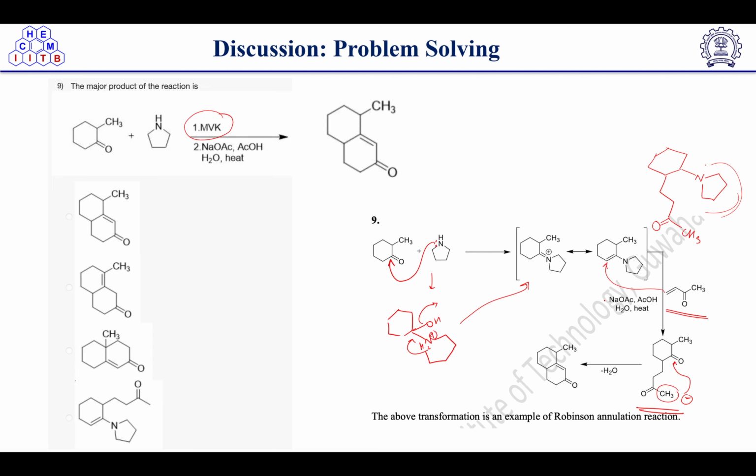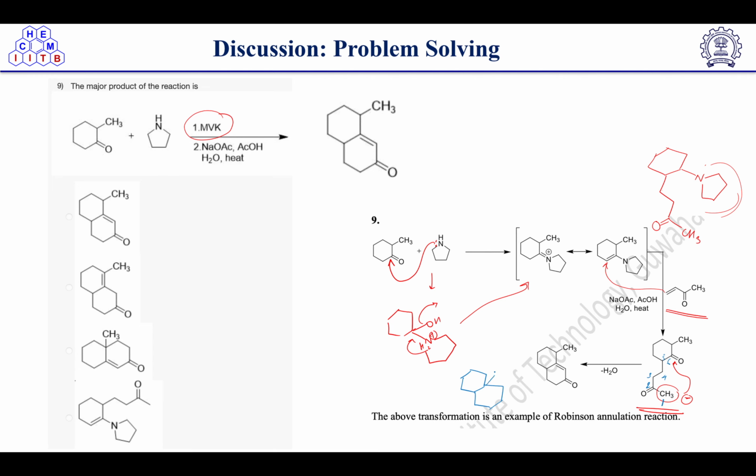Okay, so if we're talking about the ring size, one, two, three, 4, 5, 6 member ring formation will take place. So it will form a ring which will look like this one. So I'll give the numbering to the carbons to make it easy.